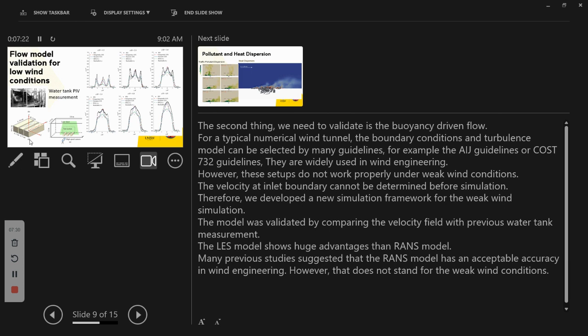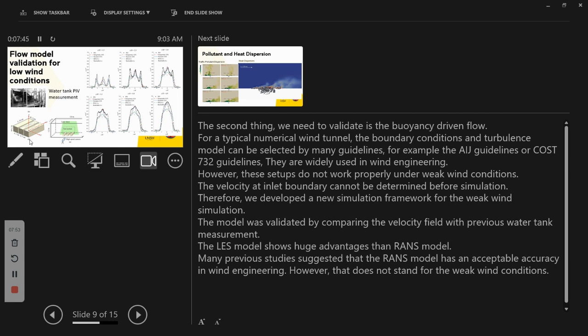The model was validated by comparing the velocity field with previous water tank measurements. We tested four turbulent models, two RANS models and two LES models, in our simulation. The LES model shows a huge advantage over the RANS model here.